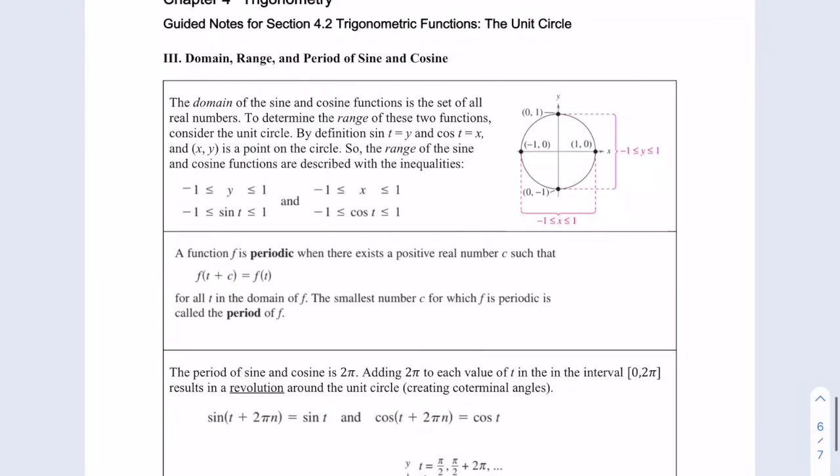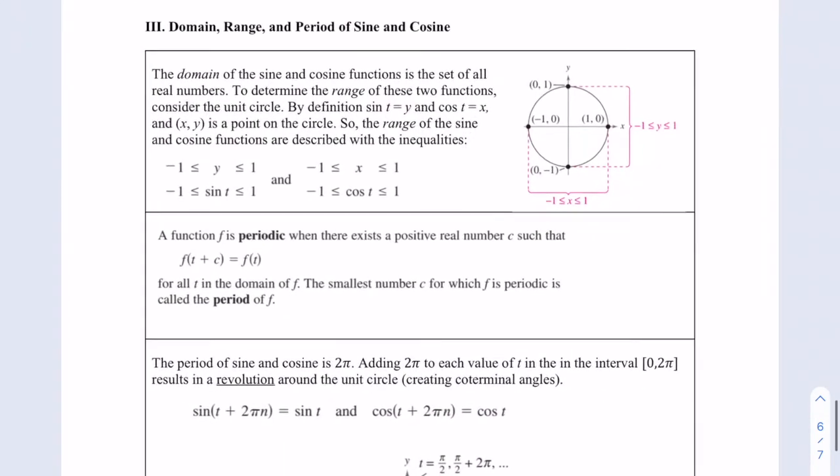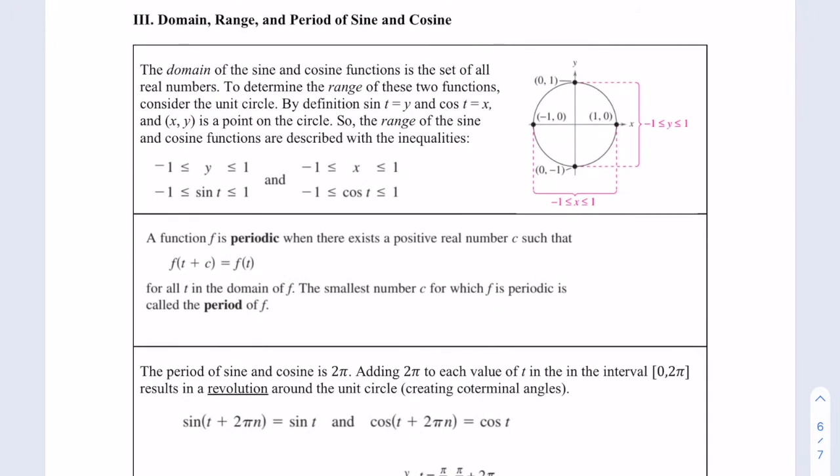Okay, all right, for the last part right here, we're going to look at the domain and range of sine and cosine, and then consider its period. So looking at the domain of sine. So when we look at the domain and range, we want to make sure we're looking at all the possible values. So all the values for this unit circle, when we look at the x, well, that's going to be between -1 and 1. And we look at the y value, that's going to be -1 and 1.